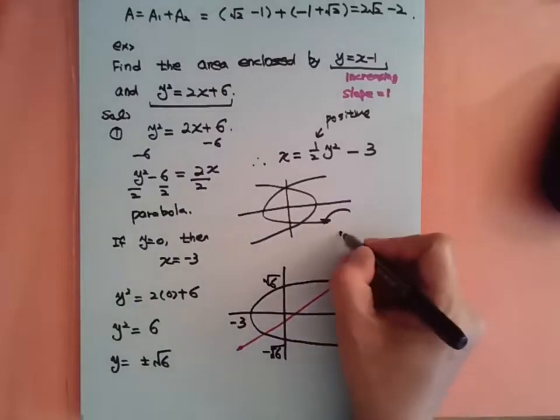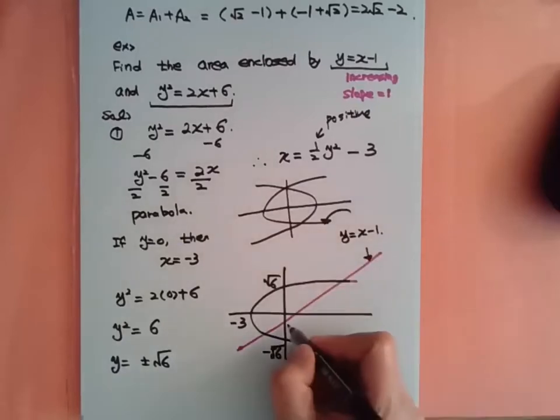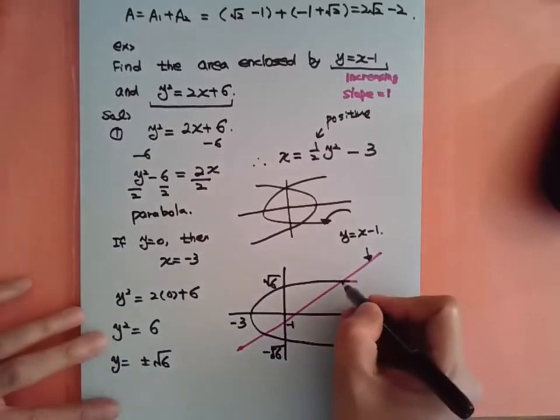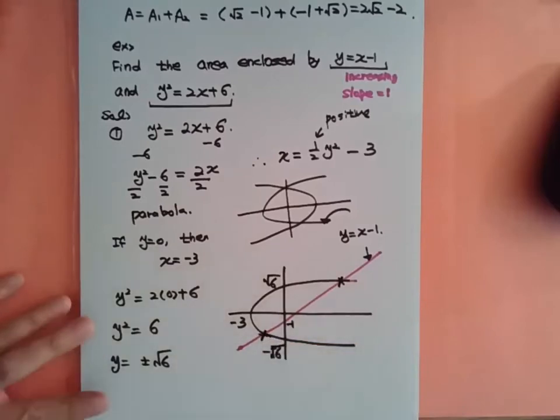This graph is y equals x minus 1. So this is minus 1. What we want to do is calculate this intersection point and this intersection point.